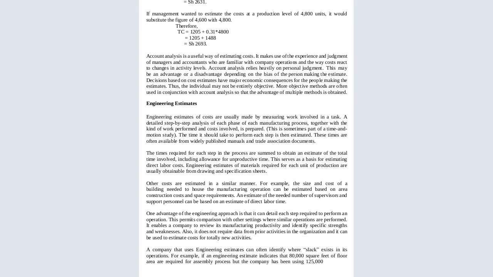So it's all about analysis of the work that has been performed and the cost involved. So that's what we call the engineering method. That is, you have to read more on that.